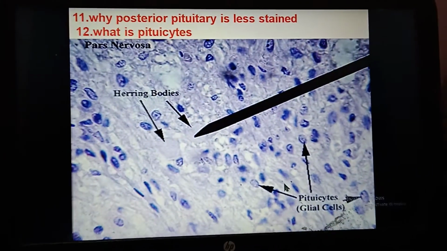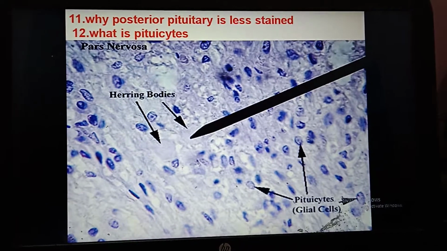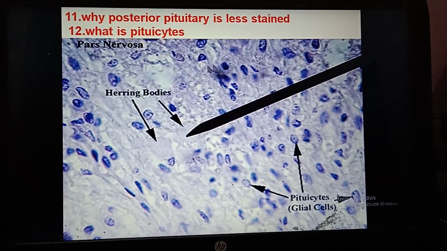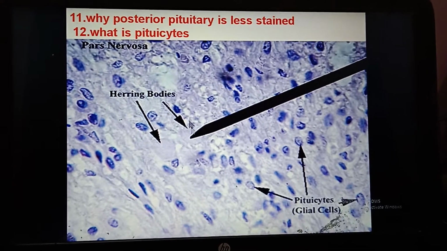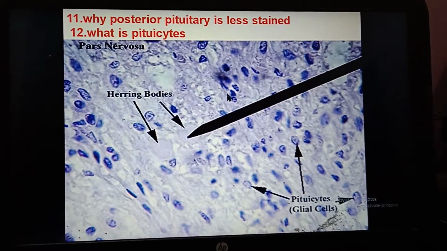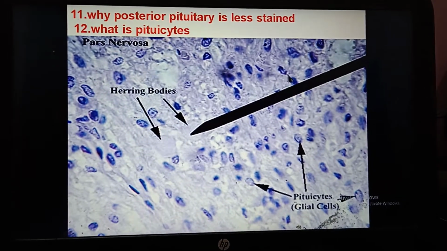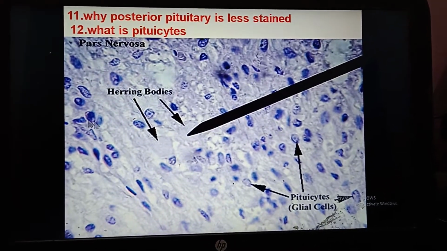Why is the posterior pituitary less stained? Due to the presence of unmyelinated nerve fibers, there are 1 million unmyelinated nerve fibers which do not take a stain. What are pituicytes? They are neuroglial cells interspersed between the unmyelinated nerve fibers.